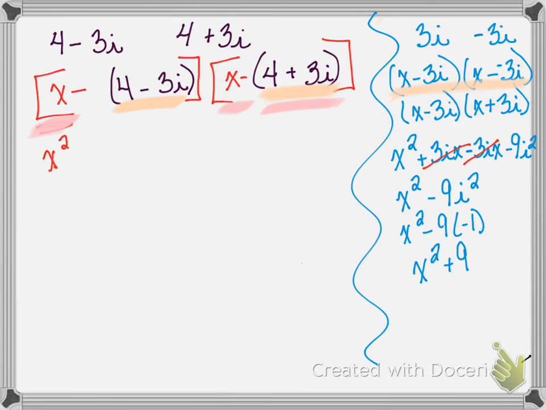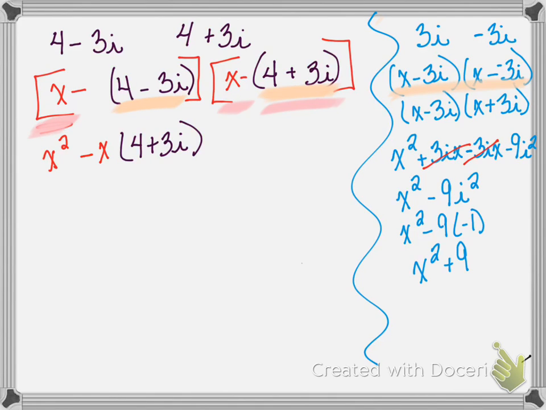So I am going to have minus x times (4 plus 3i). So I have dealt with the outer terms. I have multiplied my outer term of x times my outer term of negative (4 plus 3i).